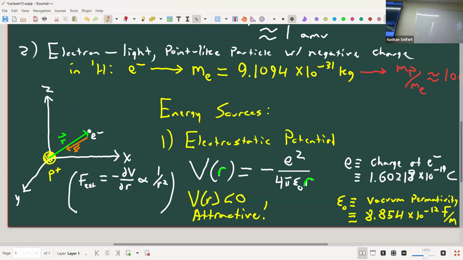So hydrogen atoms shouldn't exist at all. No atom should exist at all. All positive charges should be canceled out by negative. But we know that that's not true, because we have hydrogen. And what do we see in hydrogen atoms?